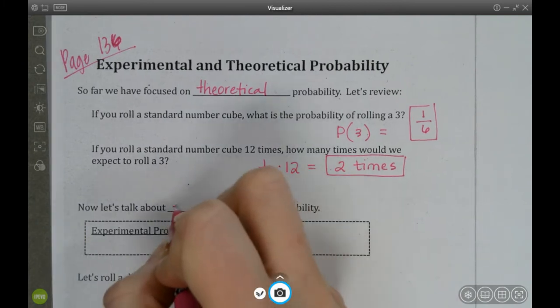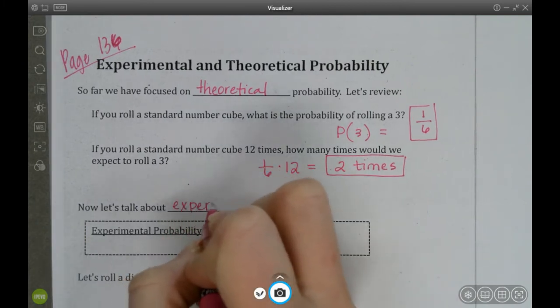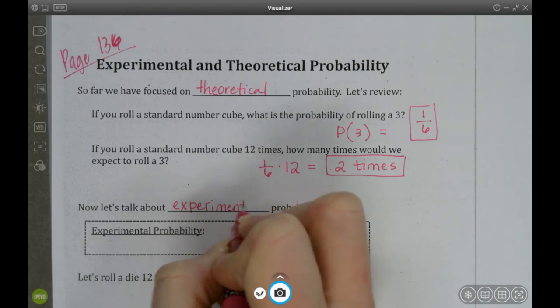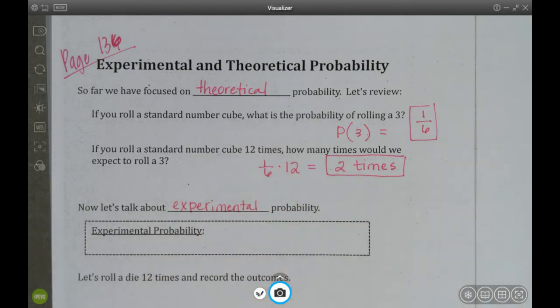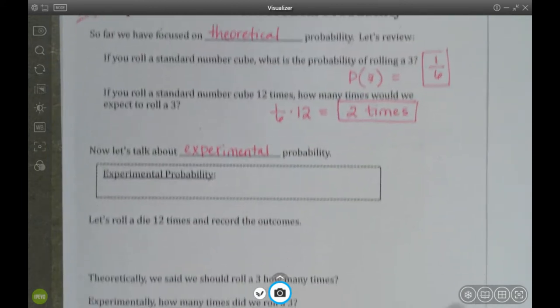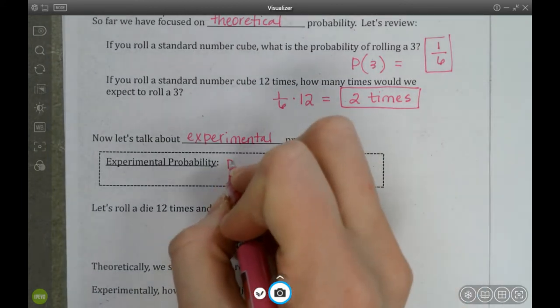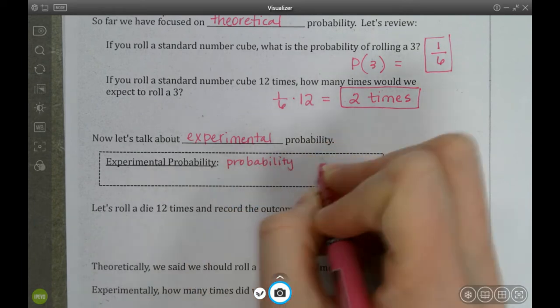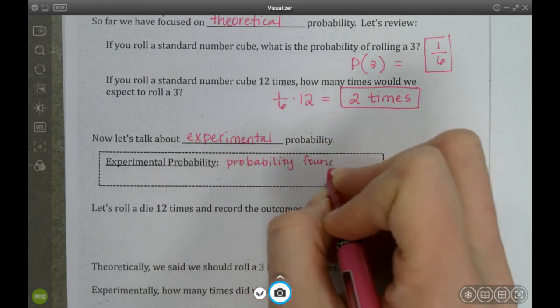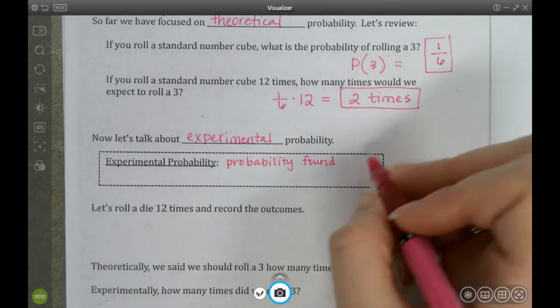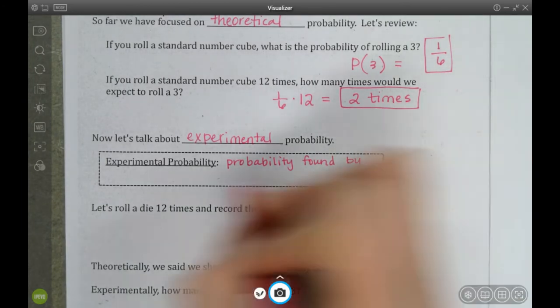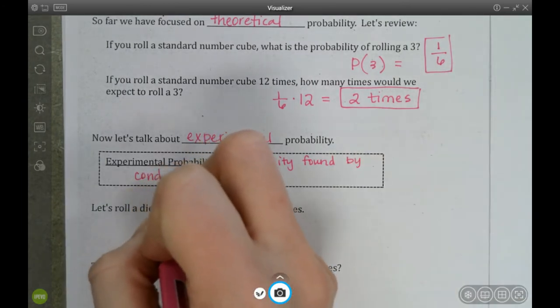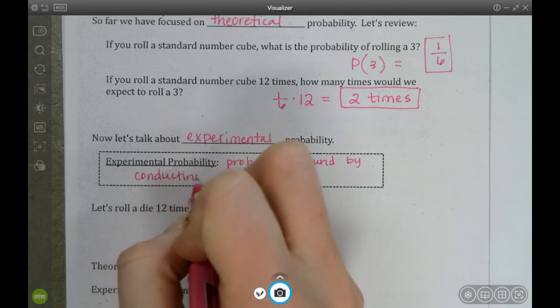So now we're going to talk about experimental probability, which, I know this is going to surprise you, is the probability found by conducting an experiment.